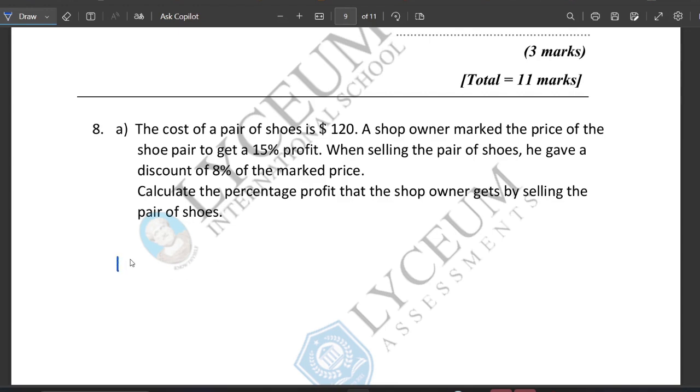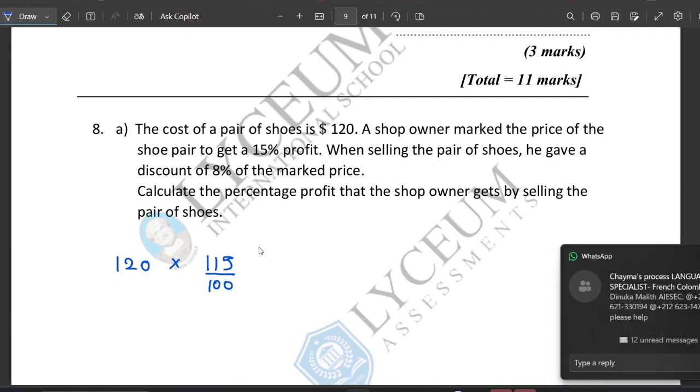So first we have to find the market price. So it should be 150 over 100. So it should be 138.